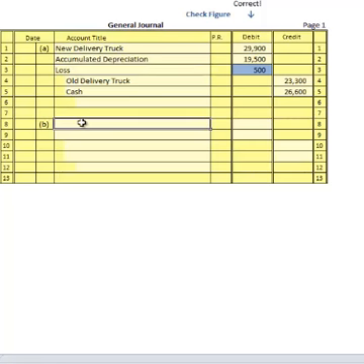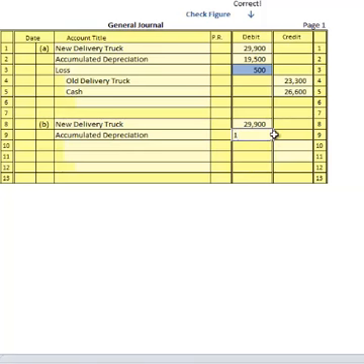So just like before, we're going to enter the list price of the new delivery truck. We may adjust this later, but for now we're going to go ahead and list it at its list price. Okay, and then we're going to remove the accumulated depreciation of the old truck, just like we did before.